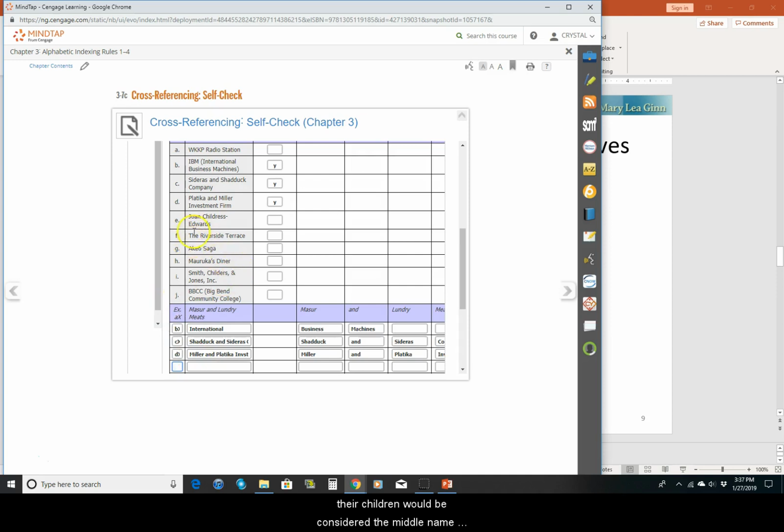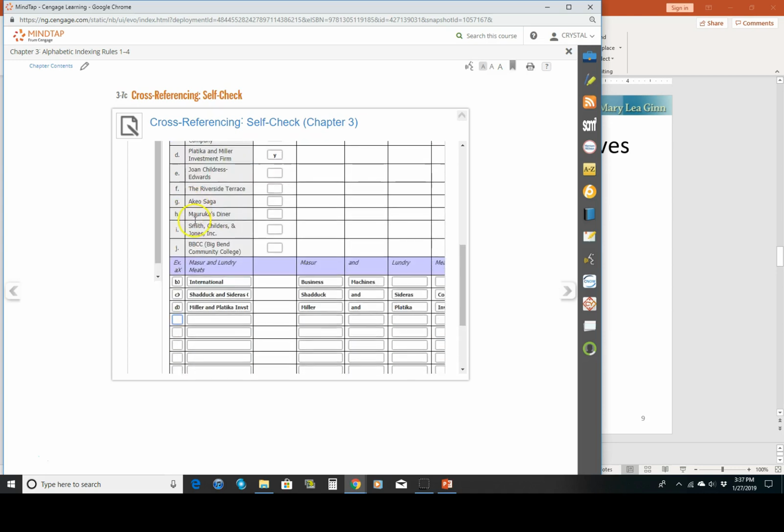Okay, the next one is Joan Childress Edwards. Now, that hyphen word there, Childress, would be considered the middle name, but because the hyphen is there, we know that it would be Childress Edwards Joan. So, in case someone doesn't know she's hyphenated her name, they may ask for it or look for it under Edwards. So, this one needs to be cross-referenced.